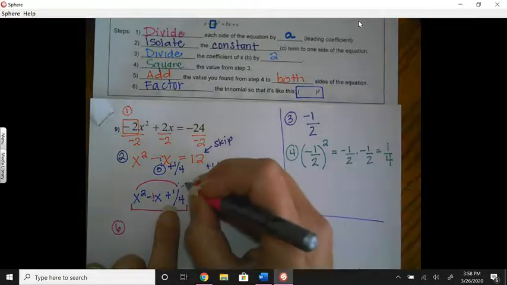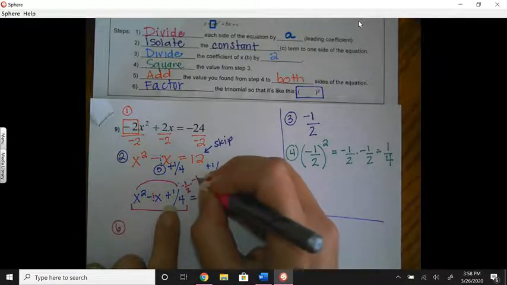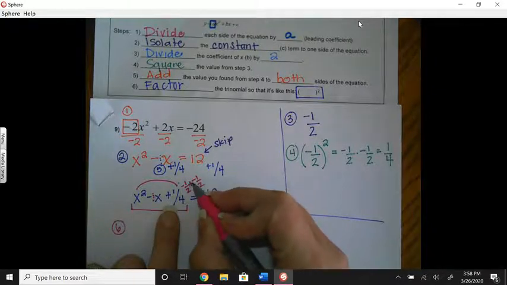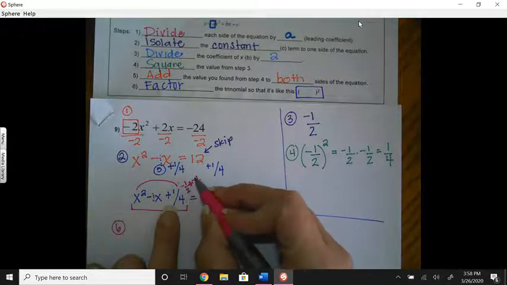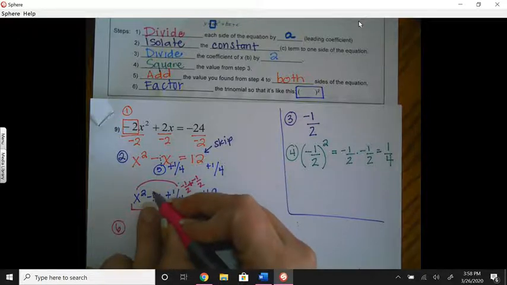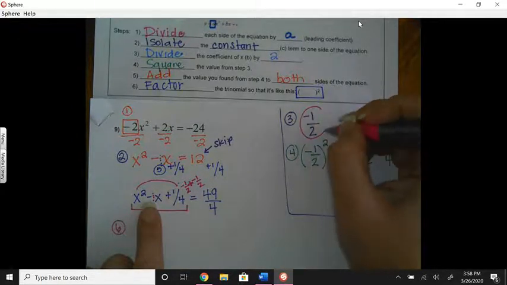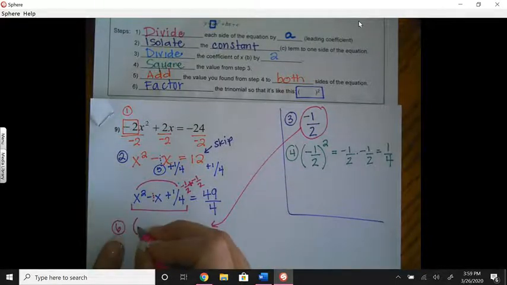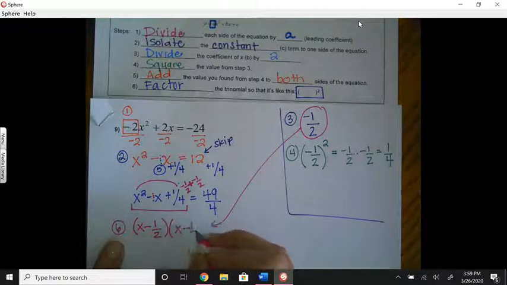So negative 1/2 times negative 1/2 should multiply to 1/4, and negative 1/2 plus another negative 1/2 should add to this value here. So it's always this number here that you're going to use right now. So it's going to be x minus 1/2 times x minus 1/2.